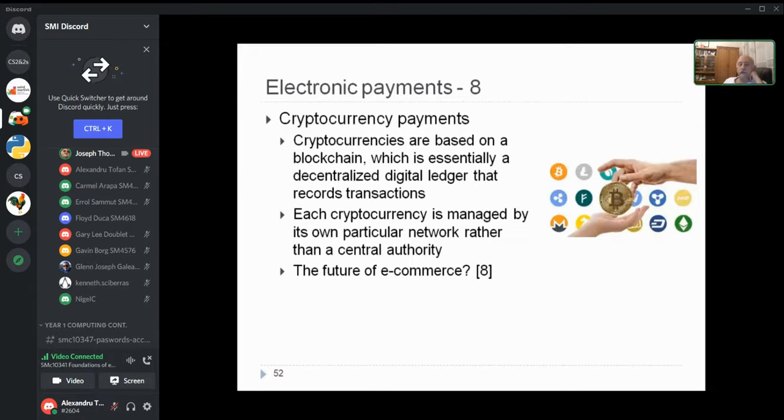And there is an article there at the back, if you look at reference 8 in your spare time, that the author is claiming that cryptocurrency is the future of e-commerce. The author is claiming that most e-commerce payments in future will be using cryptocurrency.